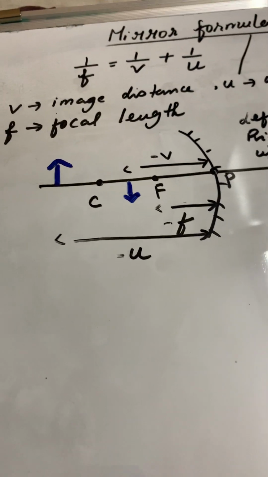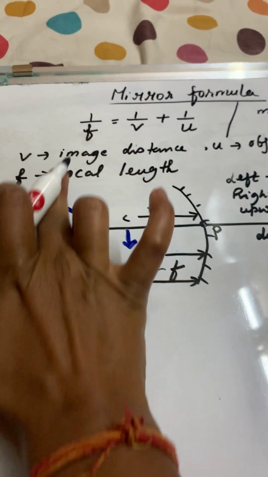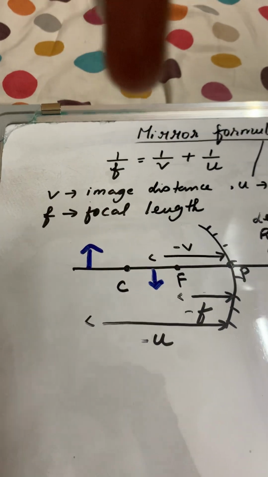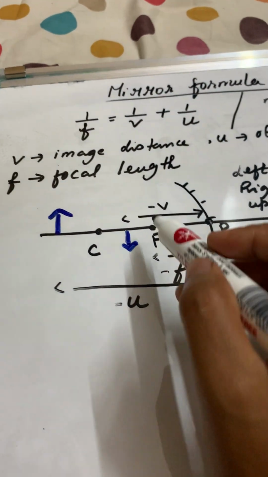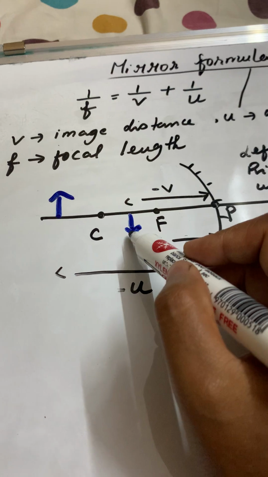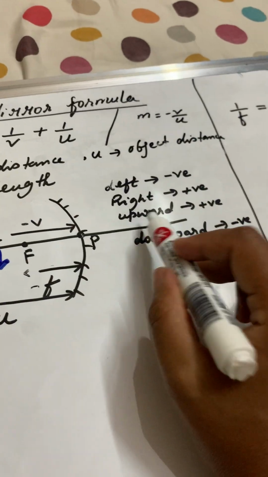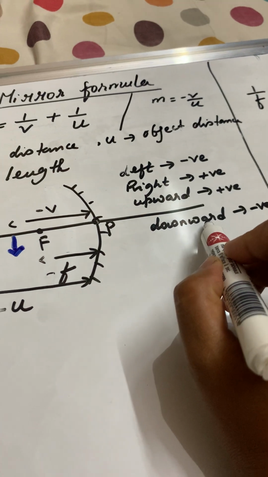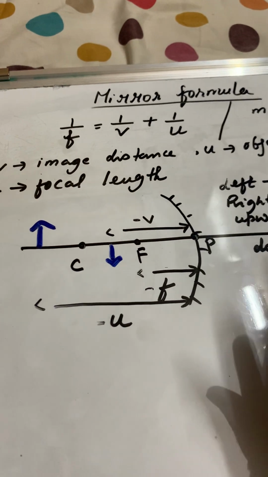Now for the height, the object cannot be upside down, so the object height is positive, but the image is upside down, so its height is negative. This upward and downward convention is for the height, while for the distance, the left and right convention is used.